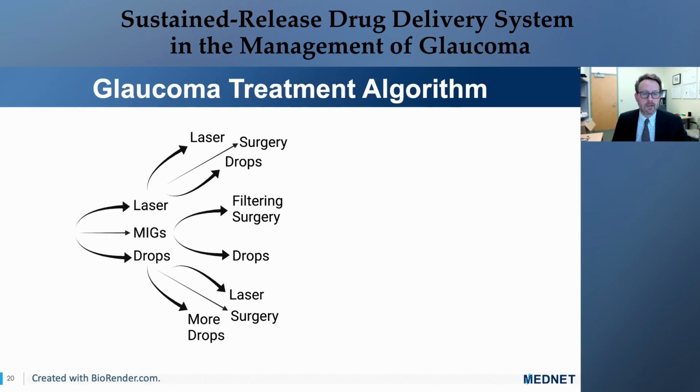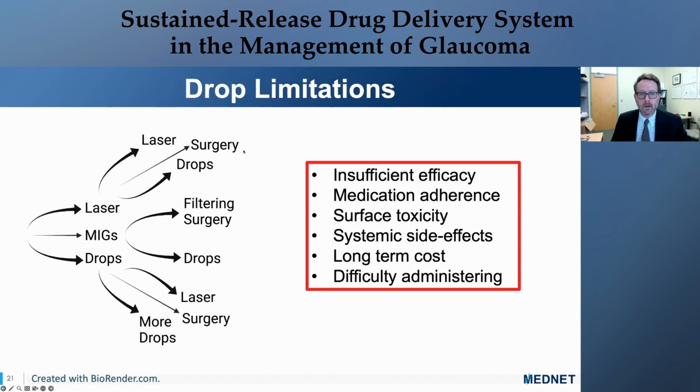And then the possibilities after that can get very, very complex very quickly in our patients. So the need for drops to perform better than they traditionally have is greater because we have more options. And the drop limitations, we've known about these for a really long time.